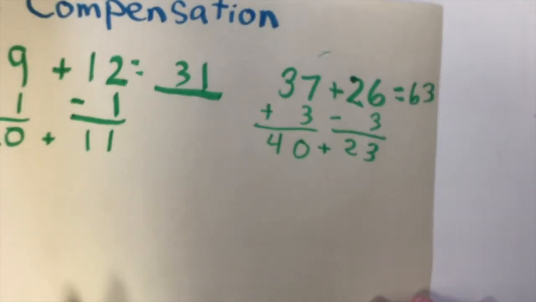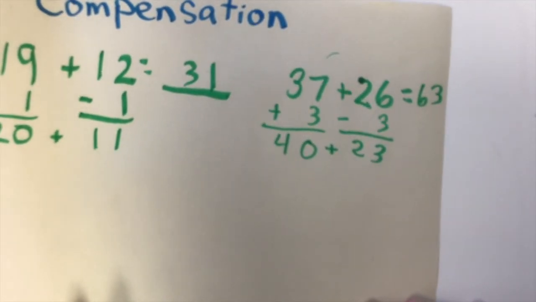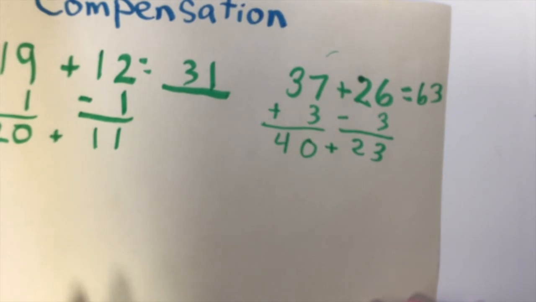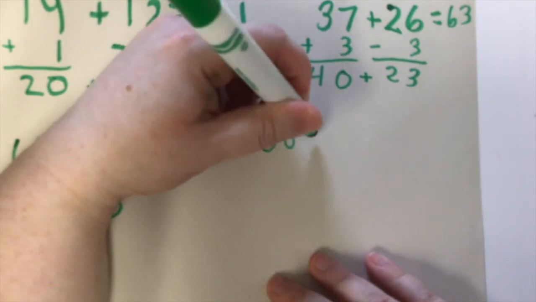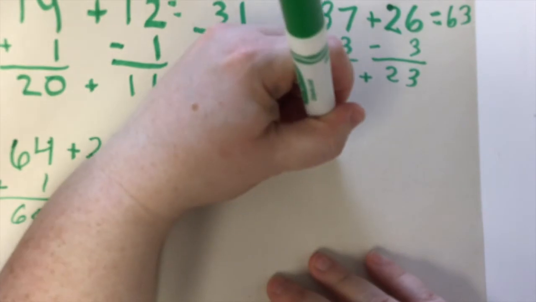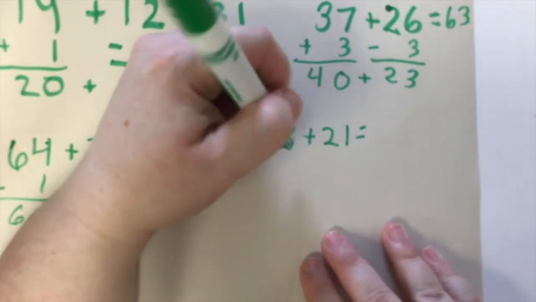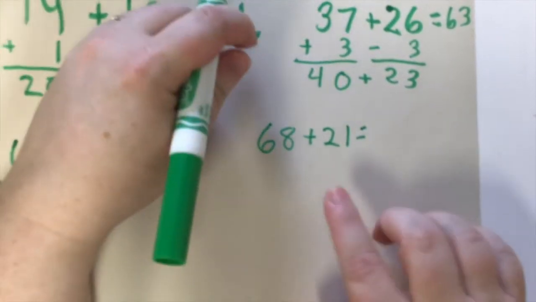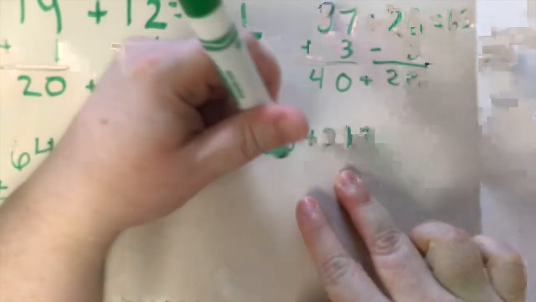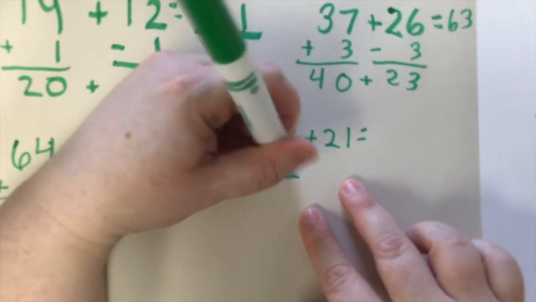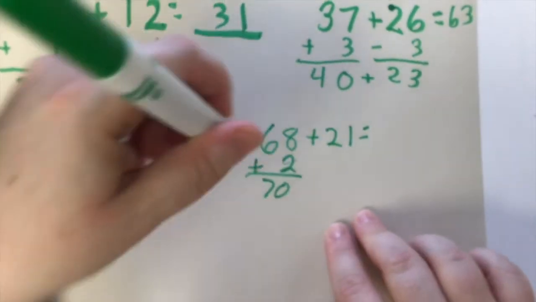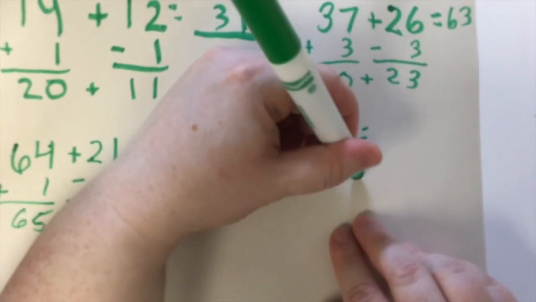Now here's an example of where it gets messy, okay? And the compensation may not be your best route. 68 plus 21. Now I know 68 is close to 70. 68, 69, 70. So I know I need to add 2 to get my 70. Now I have to take away 2 from 21.